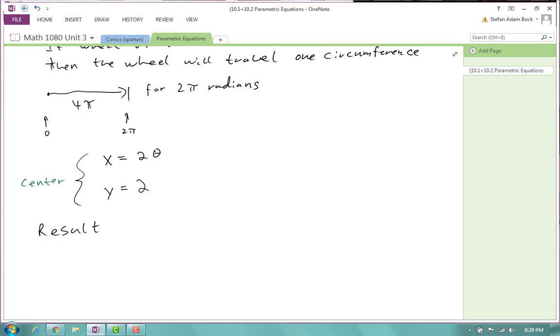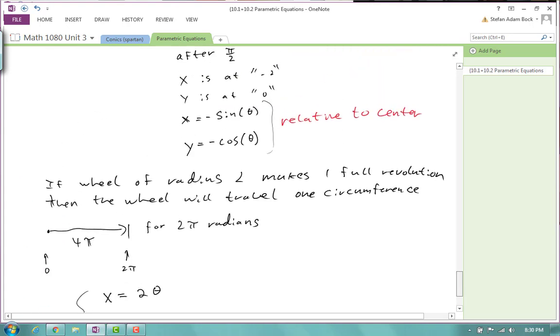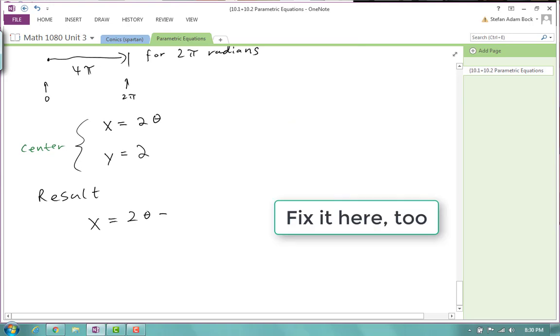So what's going to happen is I'm going to just follow the center, and I'm going to add or subtract a little bit depending on the values I get from sine and cosine for the relative part of the problem. So I have x equal to 2 times theta minus sine of theta, and y will be 2 minus cosine of theta.